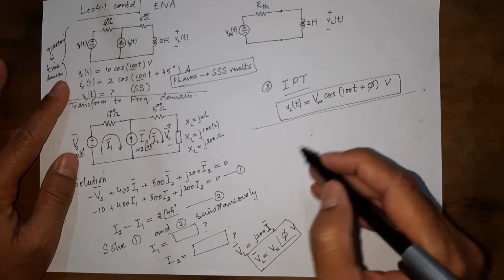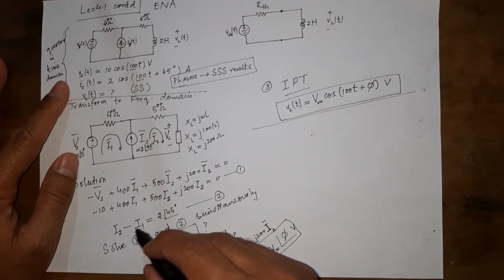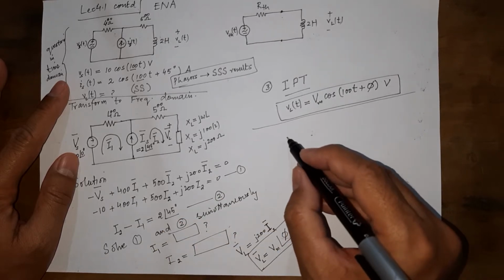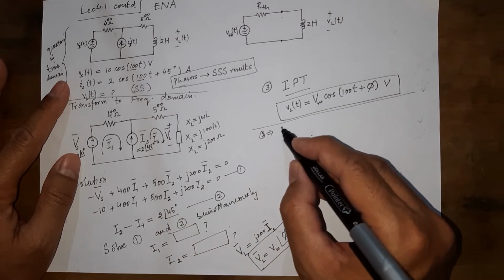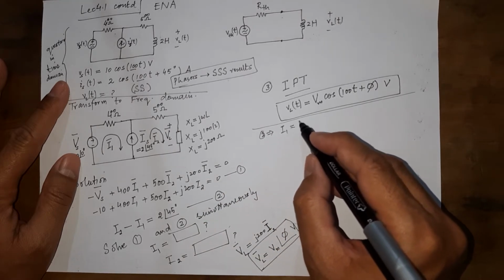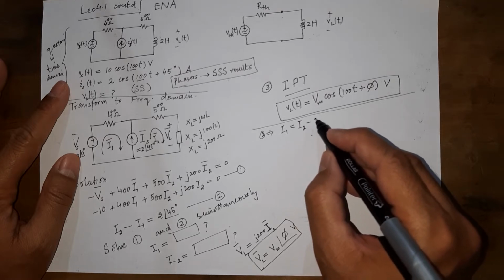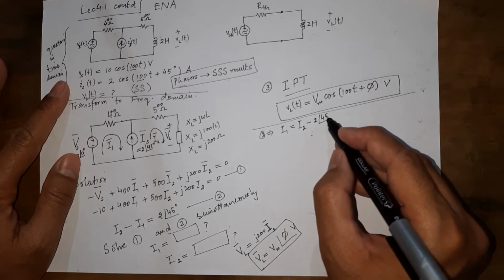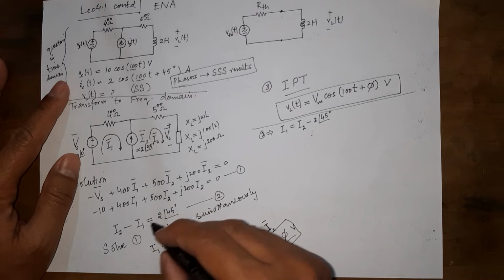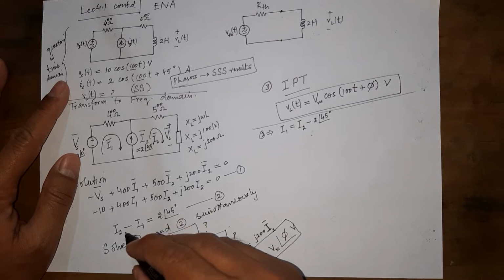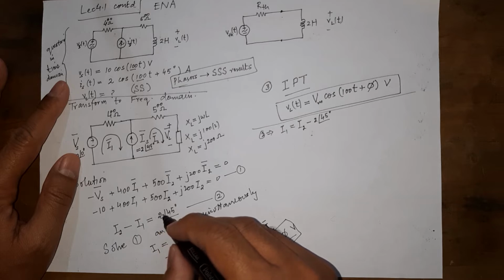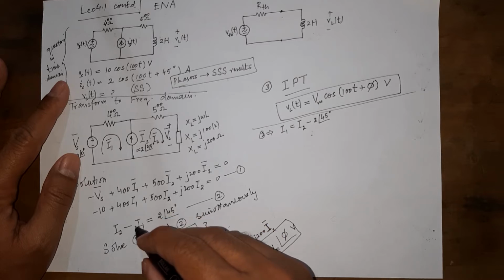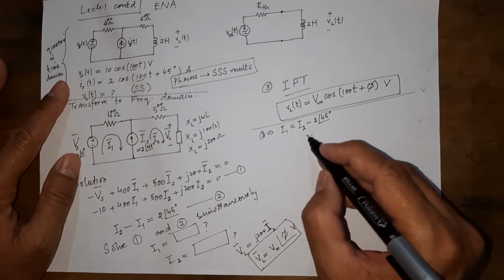would be equal to. So this I1 will be equal to, from this equation 2, this I1 would be equal to I2 minus 2 angle 45 degrees, right? I1 would be equal to, I1 can get here to become positive, this get here to become negative.